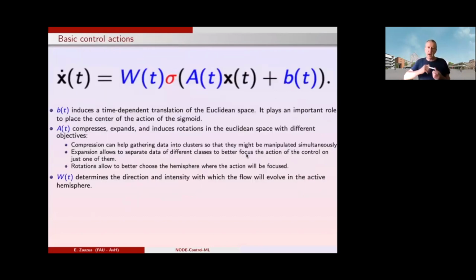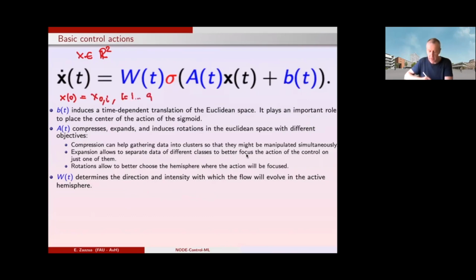And what do we have? We have this neural differential equation, which is evolving now in R2, right? At t equals 0, it takes the different points.